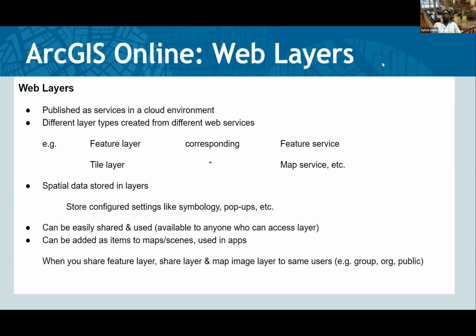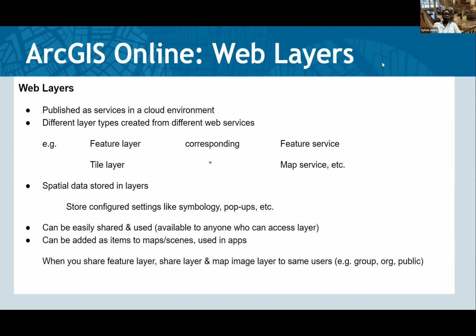And there are different types of layer that are published from different types of web services. So for example, a feature layer's corresponding service is a feature service. A tile layer is published to the map service, okay? And we know that spatial data are stored in layers, okay?